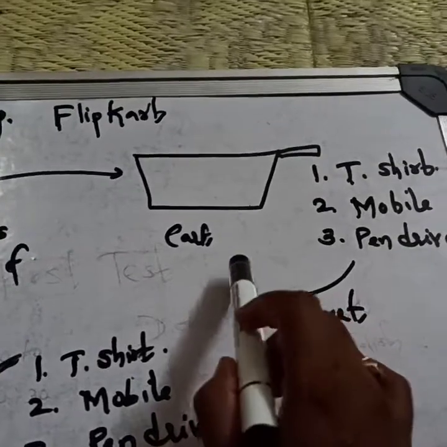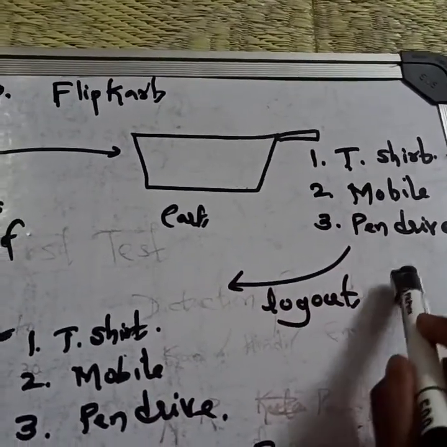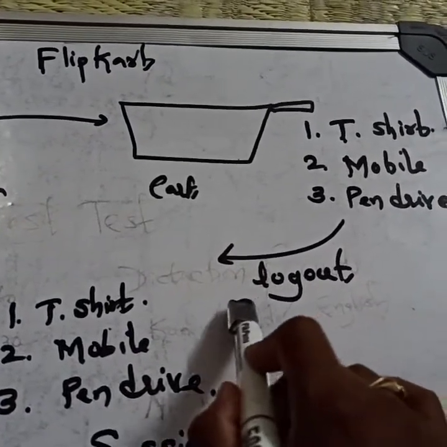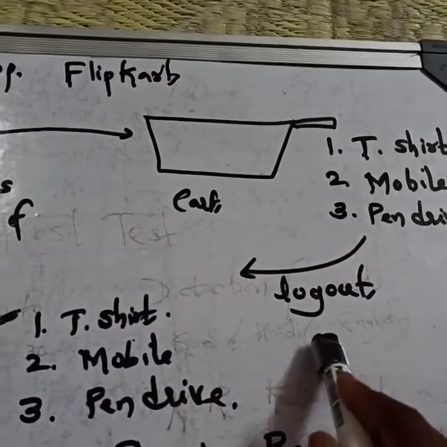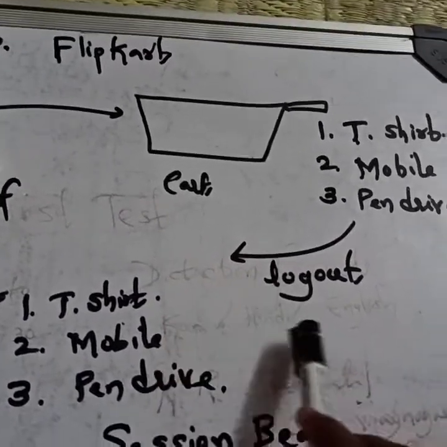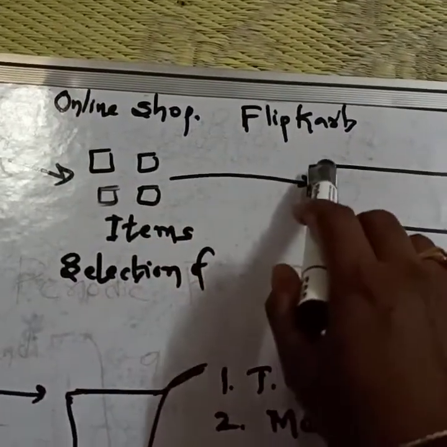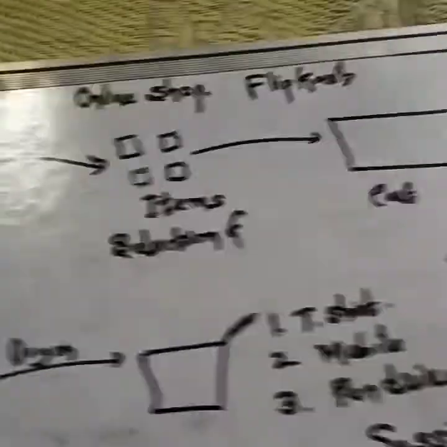Imagine client X added 3 items: a t-shirt, a mobile and a pen drive. Before completing the entire transaction, that is payment, either online or offline after delivery, he logs out of the online shop. In that case, what happens?